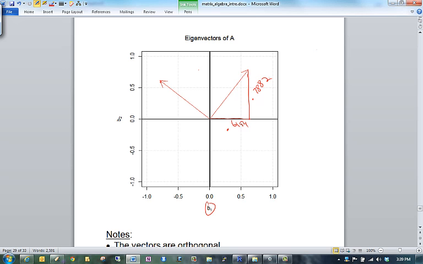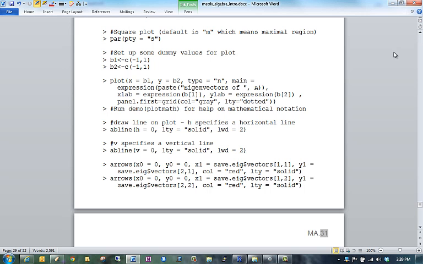If I were to take 0.6154 squared plus 0.7882 squared, that's going to be equal to, let's call this, C squared. And so you can see how the length of the vector comes about through a direct application of the Pythagorean theorem.